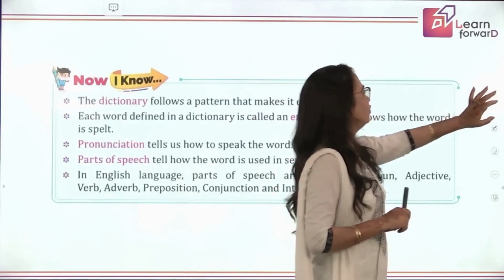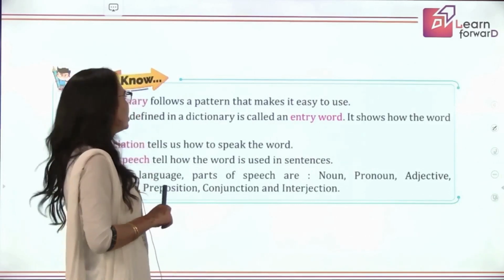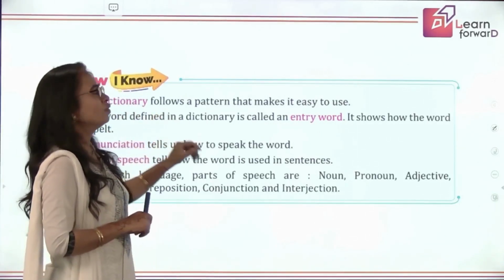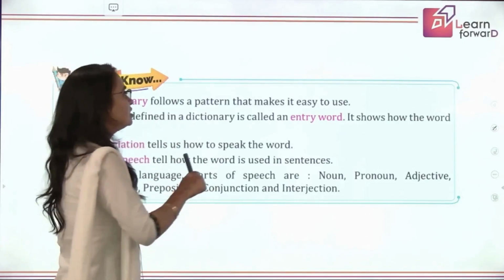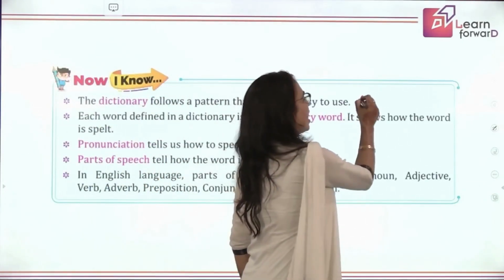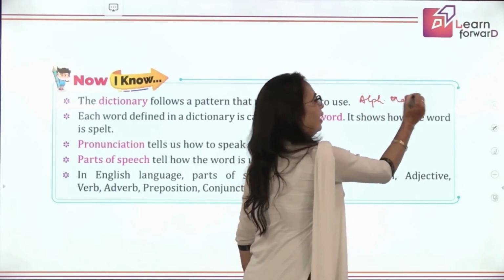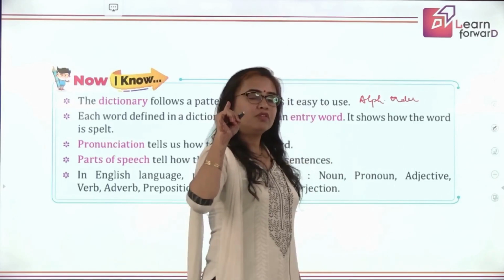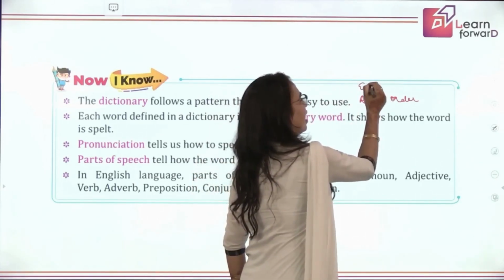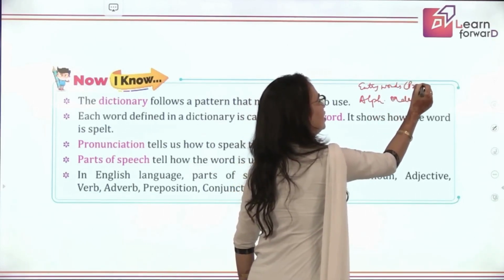Let's move and quickly recall what we have learned in this chapter. We learnt about dictionary. It follows a pattern that makes it easy to use. And what is that pattern? The first thing is you use alphabetical order there. And then you remember from the video number 1, there is an entry word. After the entry word is the pronunciation in bracket.